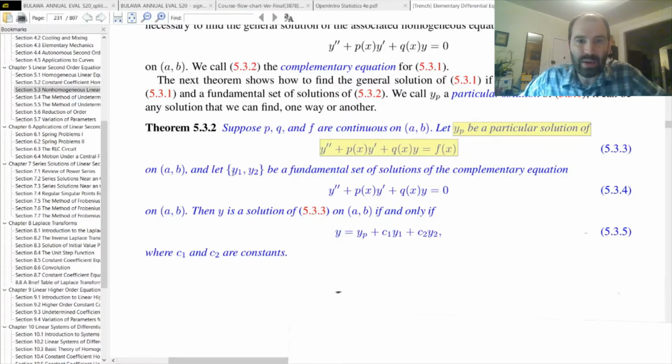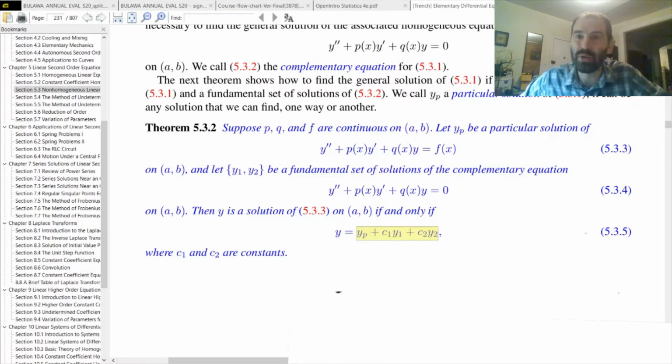It says, let y1 and y2 be a fundamental set of solutions of the complementary equation, the same equation but with a zero on the right-hand side. Then y is a solution if and only if it can be written as a sum of the particular solution and a linear combination of our fundamental set of complementary solutions.